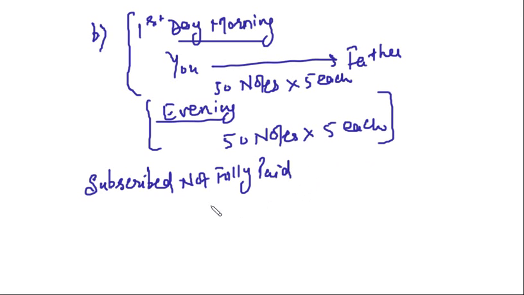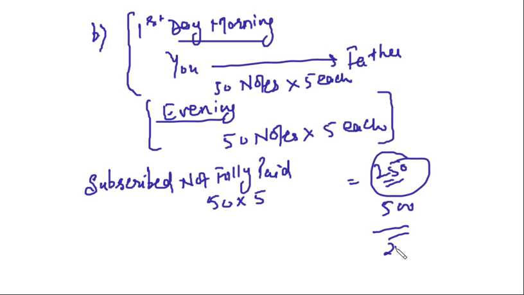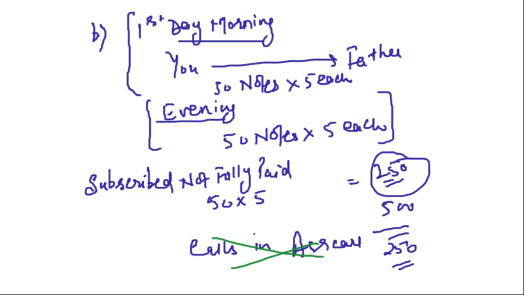This is 50 multiplied by 5, 250. Your total requirement was 500. So what is the balance 250? You might say, sir, this is calls in arrears, isn't it? You will say this is calls in arrears, but I won't say this is calls in arrears.